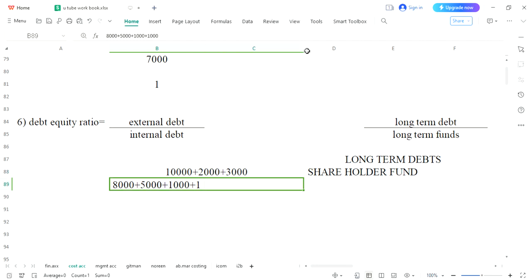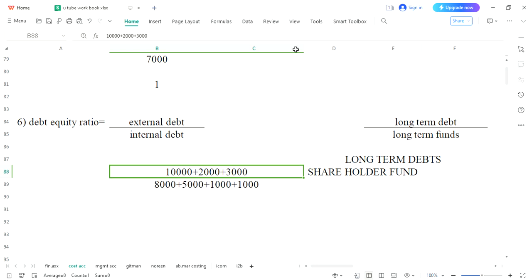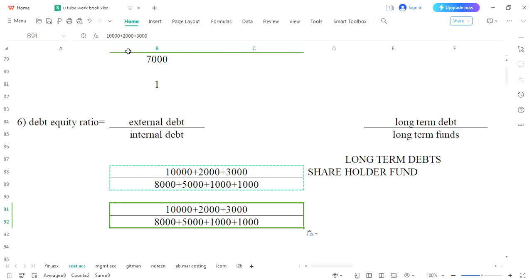So here we are going to make all amounts visible with clarity. Yes, now all of the amounts are correctly visible. So here we have our external and internal debts.